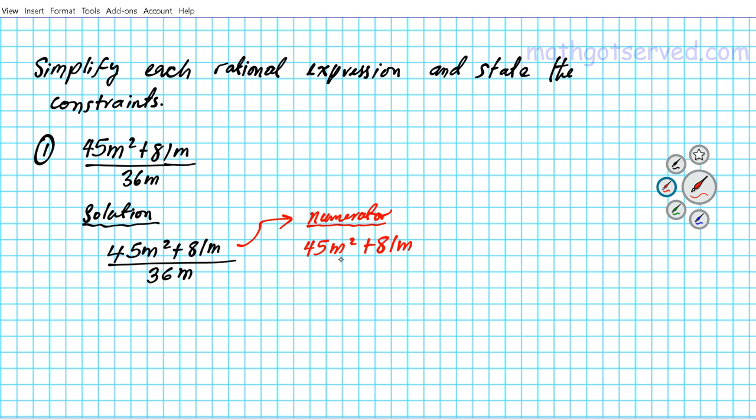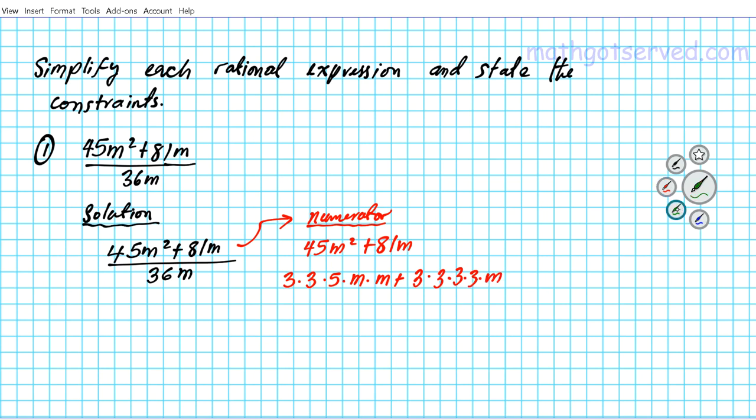Now let's assume it's not obvious to you what the common factor is. All you do is break down each term using a factor tree. If you break down the first term, you have 3 times 3, 9, times 5 times m, and 81 is 3 times 3 times 3 times 3 times m. So what's common?